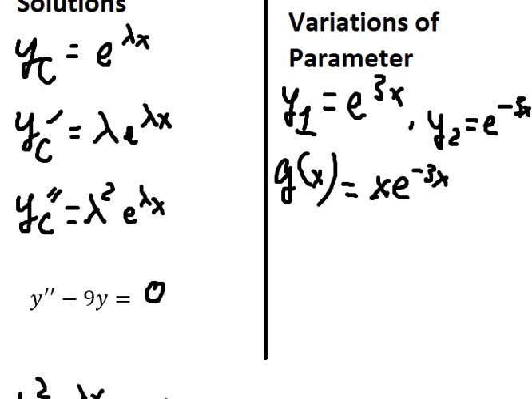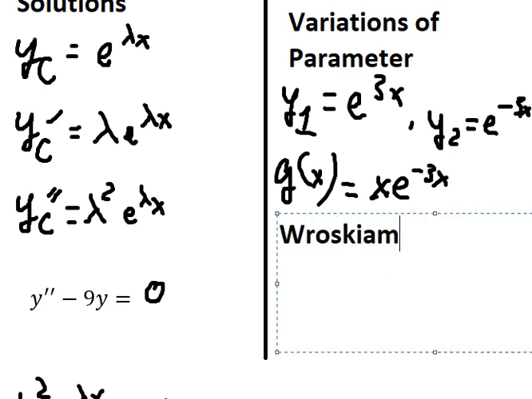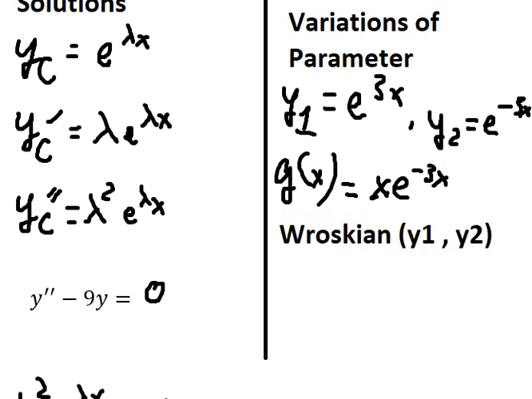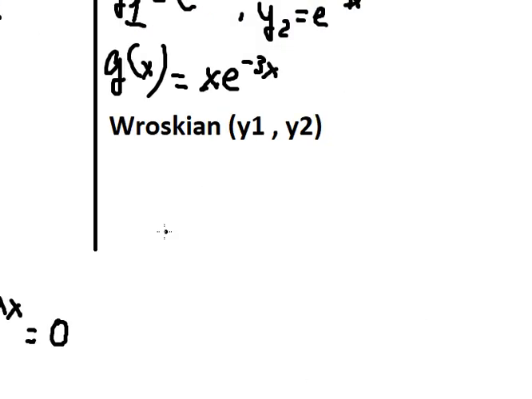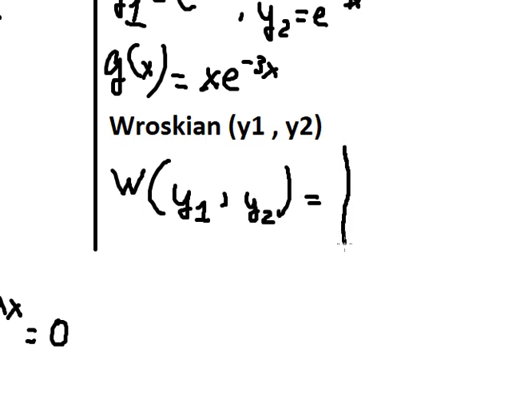Now we need to find the Wronskian between y number 1 and y number 2. So that should be like this. So we have w, y number 1 and y number 2. So this is the matrix of y number 1 and y number 2.